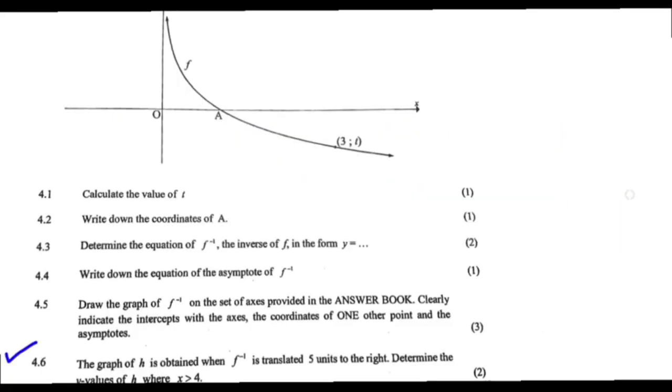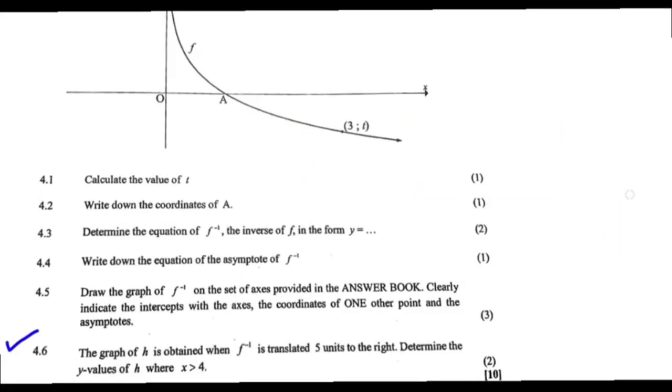So this is the last question. It says the graph of h is obtained when f inverse is translated 5 units to the right. Determine the y values of h where x is greater than 4. So we need f inverse translated 5 units to the right.